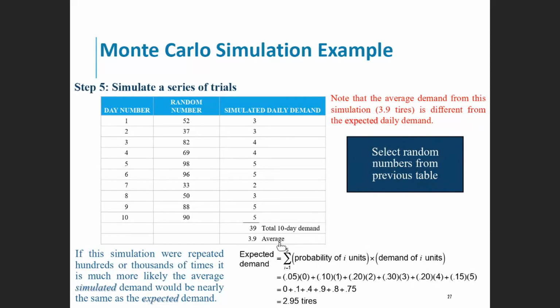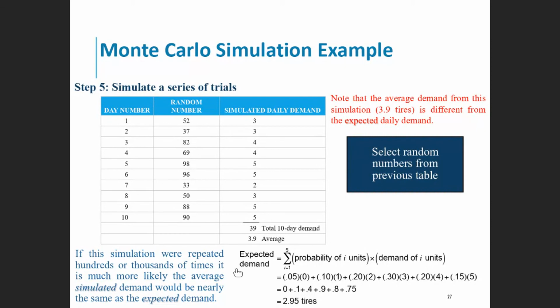If you calculate the expected demand using the probability from the first step that you have calculated, which is the probability of the tires times the demand of the units, the demand for each probability, and you add them all up, you will get 2.95.